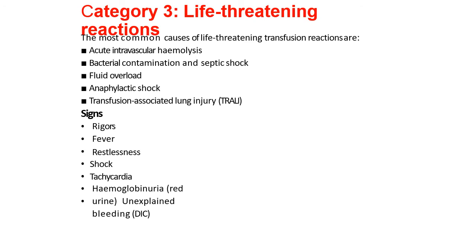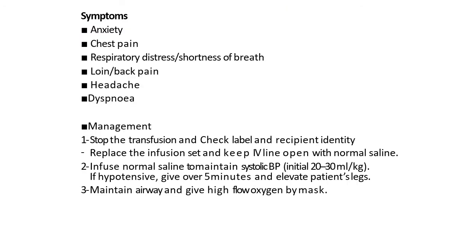In life-threatening reactions such as intravascular hemolysis, TRALI, fluid overload, anaphylactic shock, signs will be fever, shock, tachycardia, pneumonia, DIC, and symptoms will be chest pain, respiratory distress. Stop the transfusion and give the appropriate treatment.